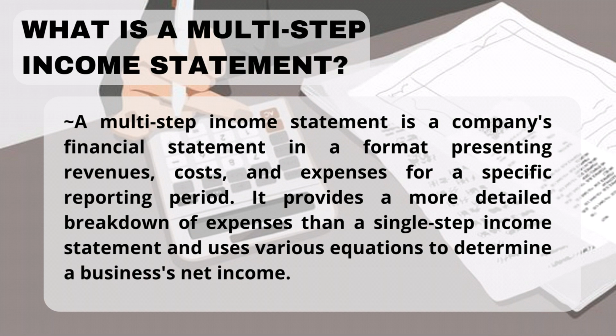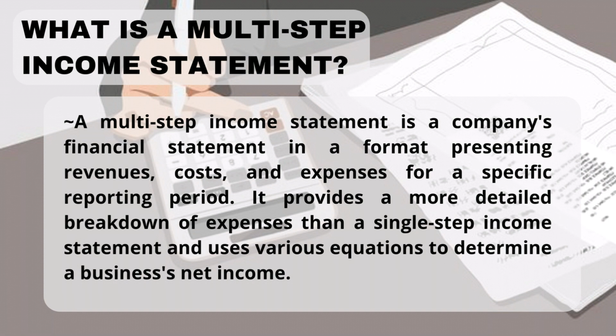Well, a multi-step income statement is the company's income statement which segregates the company's total operating revenue from non-operating expenses, thereby separating the total revenue and expense of a particular period into two different subcategories, for example, operating and non-operating.